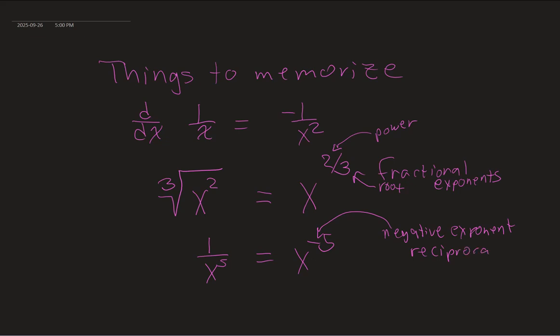And by reciprocate, it means if it's in the denominator, it goes to the numerator. If it's in the numerator, it goes to the denominator. So for instance, 1 over x to the -5, that's the same as x to the 5th. So when you move it, you change its sign.